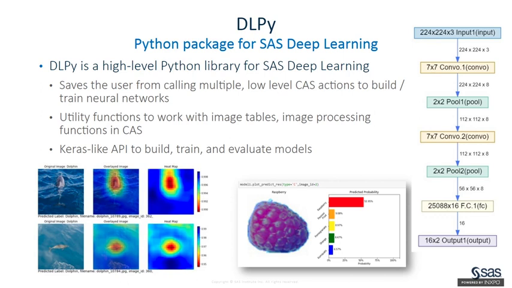It's very similar to Keras, but the reason it was implemented in a similar way is because we wanted it to be an easier way for data scientists to adopt the SAS platform, so they could integrate it with developers as well.